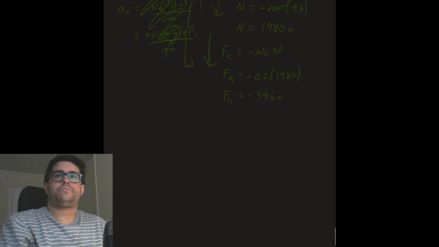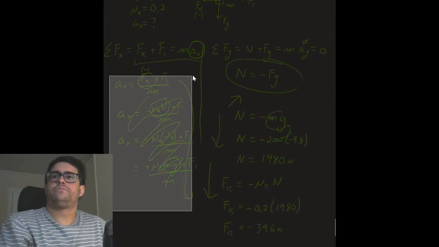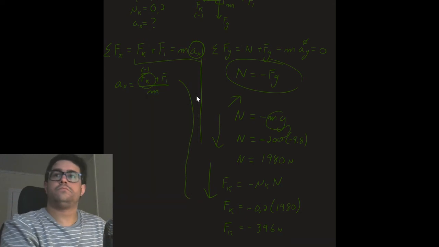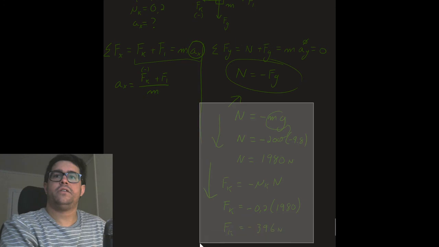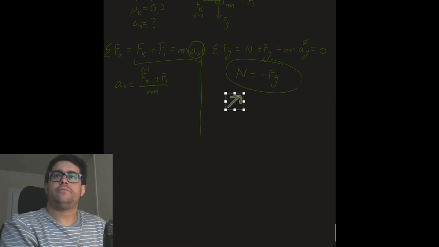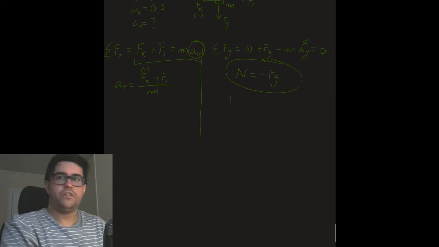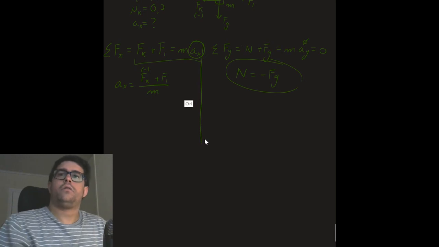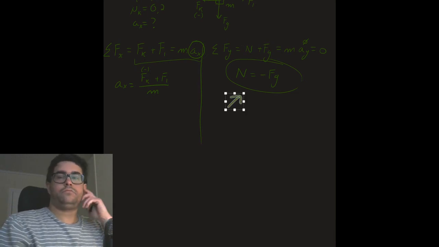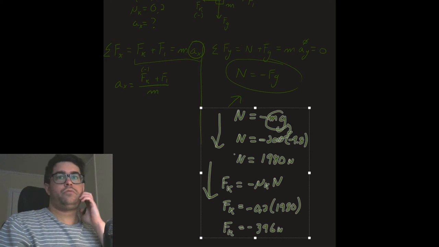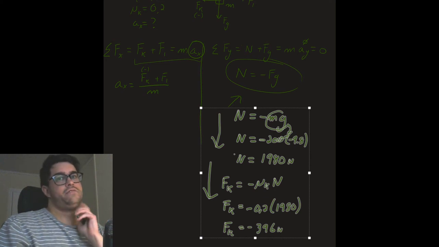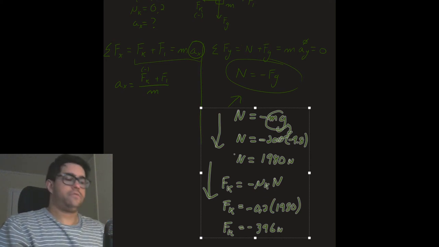Right, which path do you want to take? You've got those two tools here. You can either develop from this side first. You have N, you know you're going to need Fk.